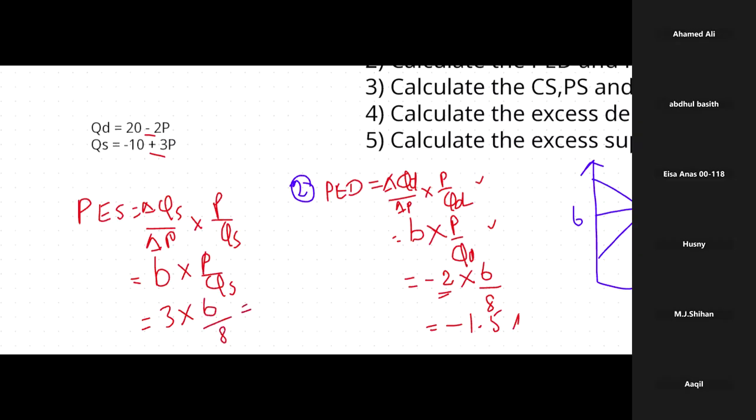Therefore 18 over 8, 9 over 4, which is 2.25.